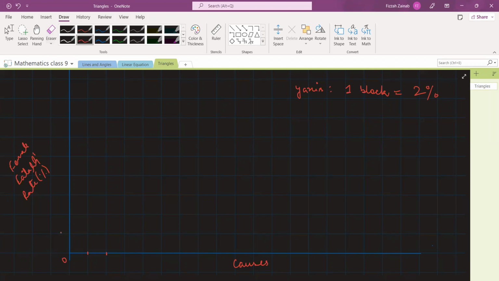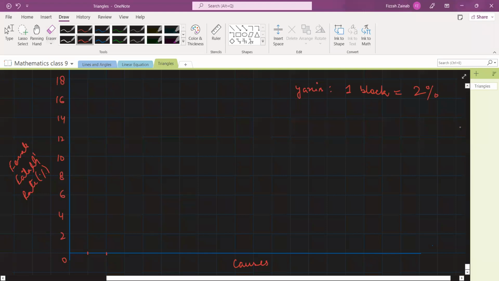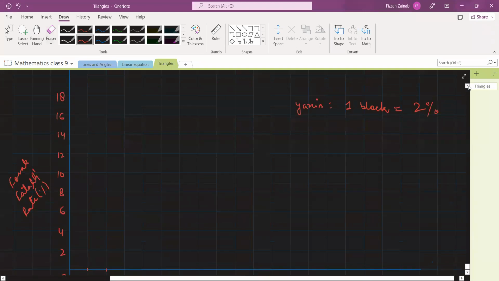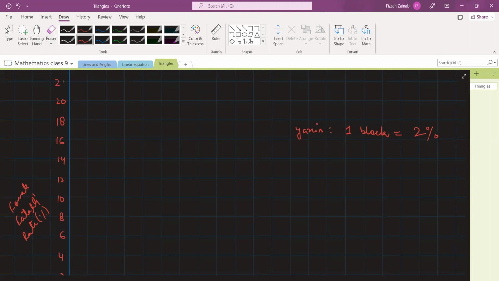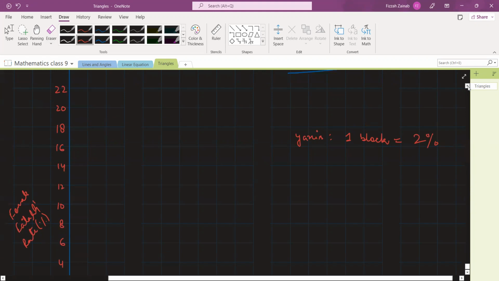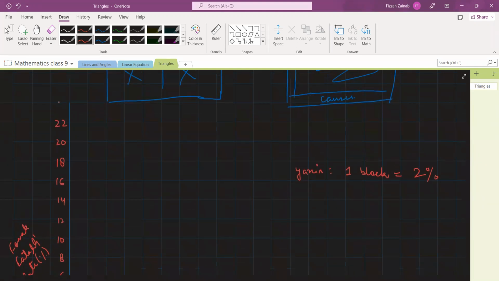Please try to locate it like this: 2, 4, 6, 8, 10. Then you have 12, 14, 16, 18, and then you have 20, right? I think it will be too long, right? 22, then you have 24. No, I think it will be too long.